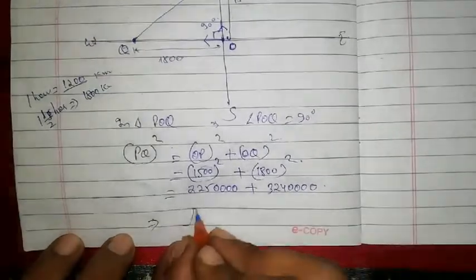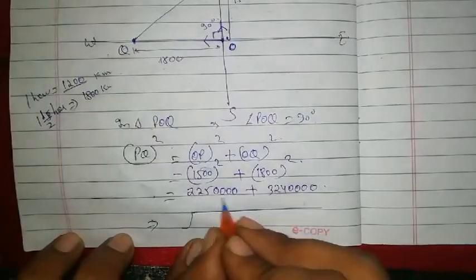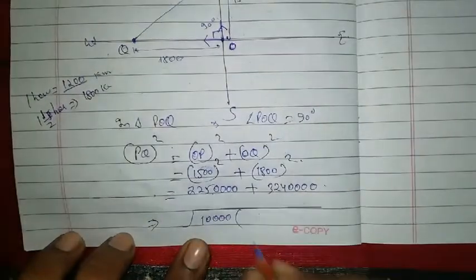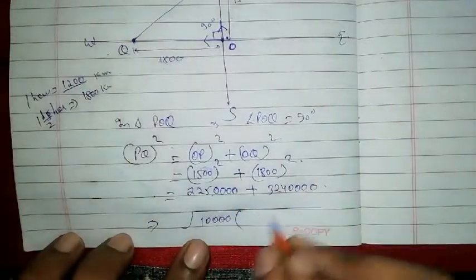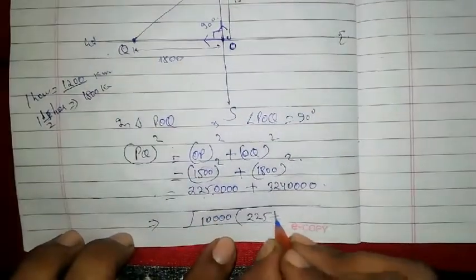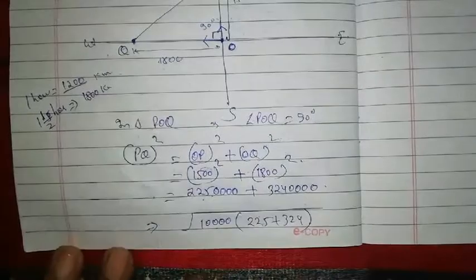Now what will we do? We will take the root, and from both of these we can take 10,000 as common, okay? From here also we took 4 zeros common, from here also. So here we have 225 plus 324.